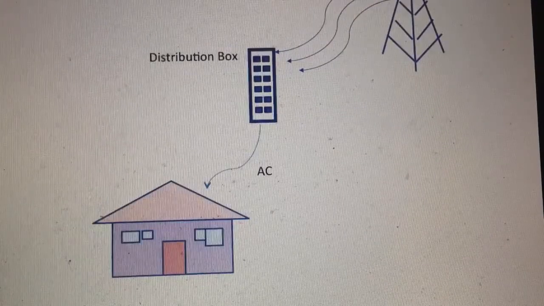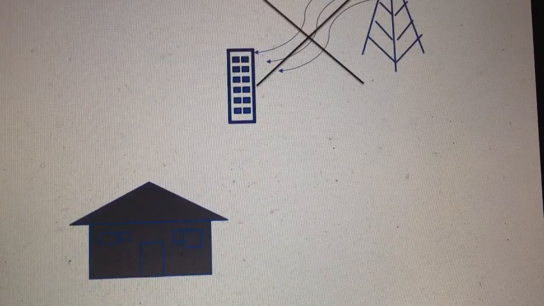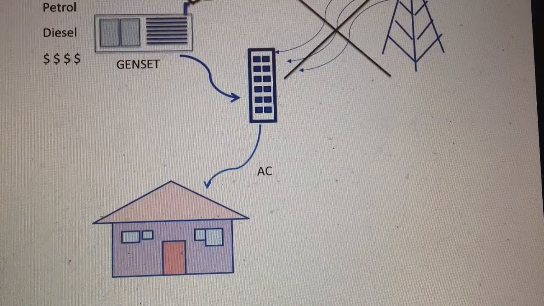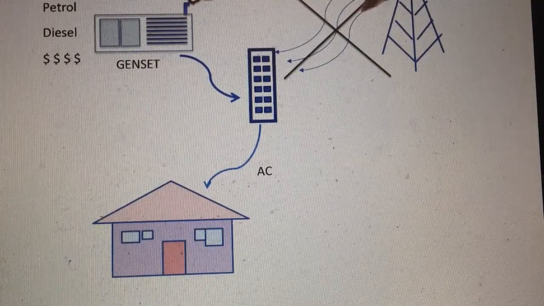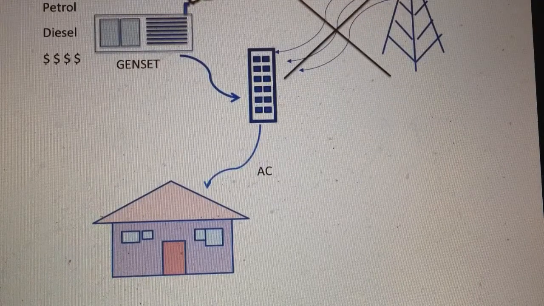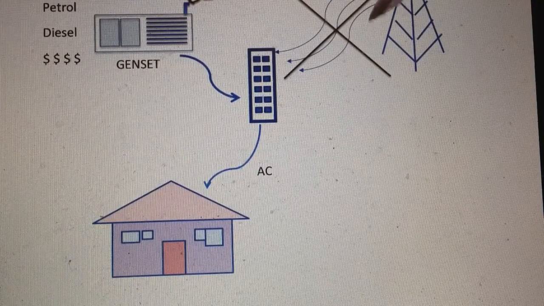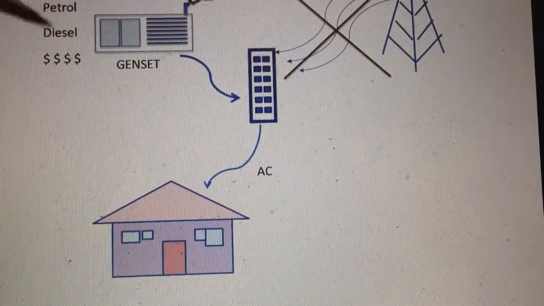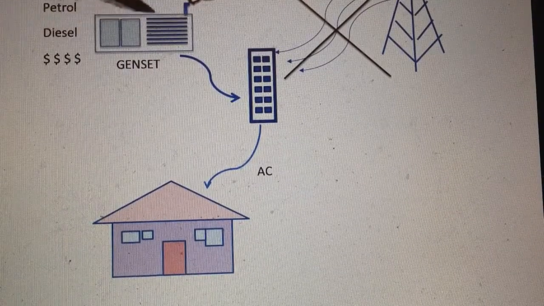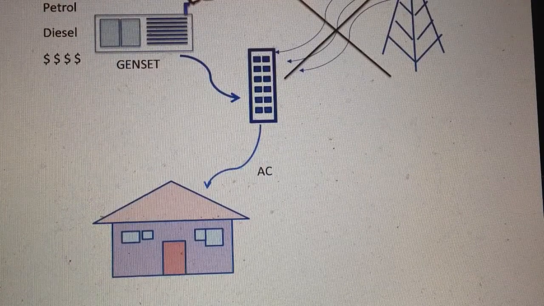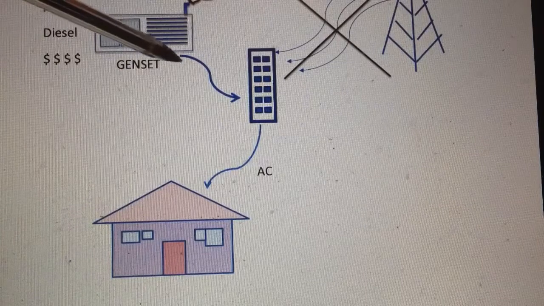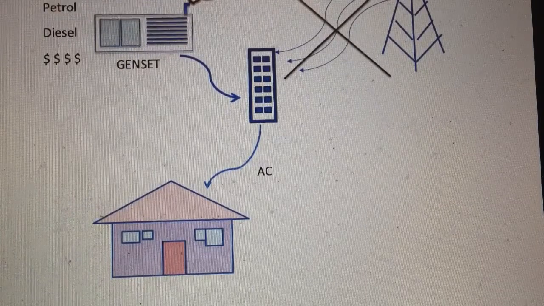So, power cuts, and then there's power, and power cuts, until you get fed up and you say, right, I'm tired of darkness. I'm going to deal with this by providing my source of power by getting a genset, a generator. Like your grid power, the generator produces AC power, alternating current.